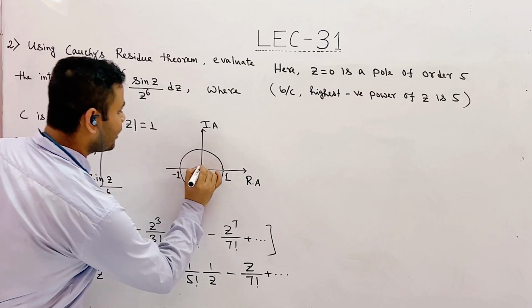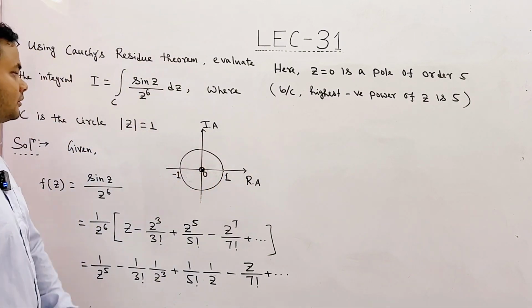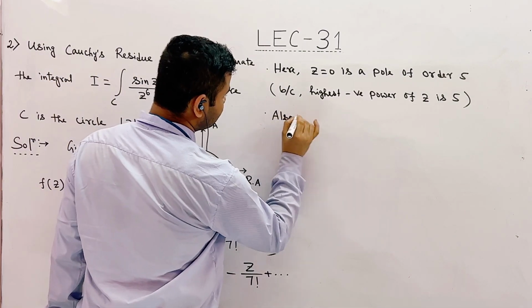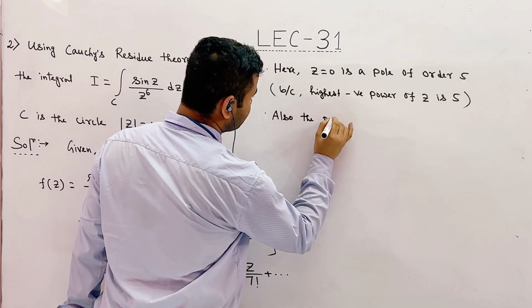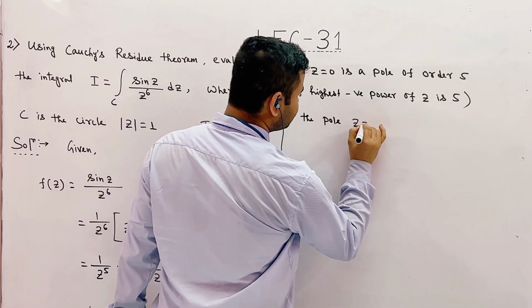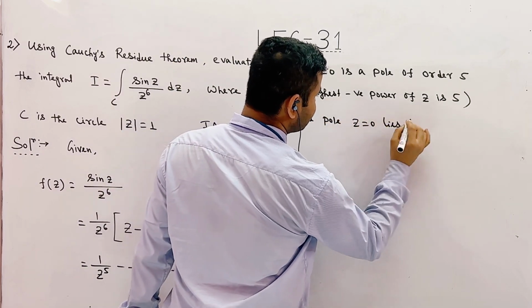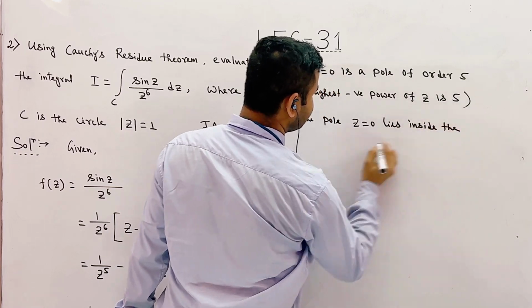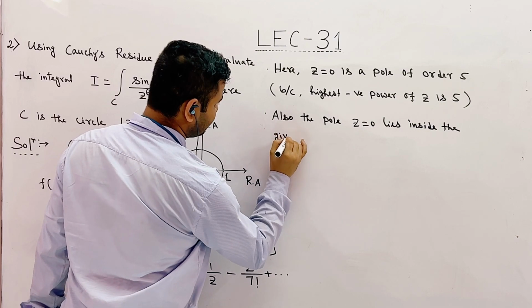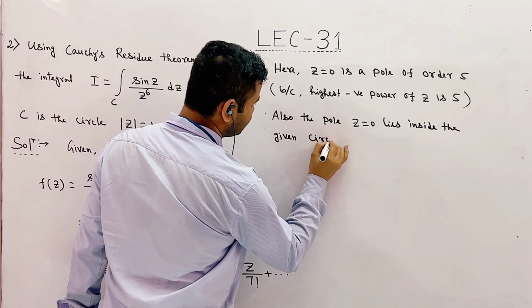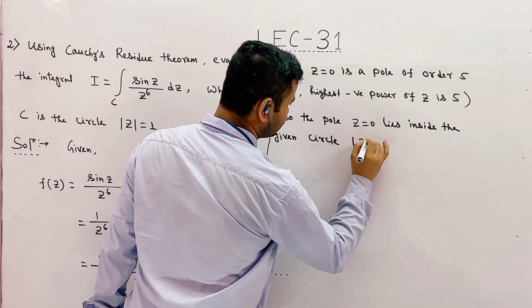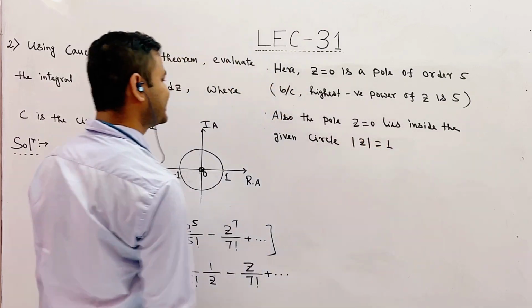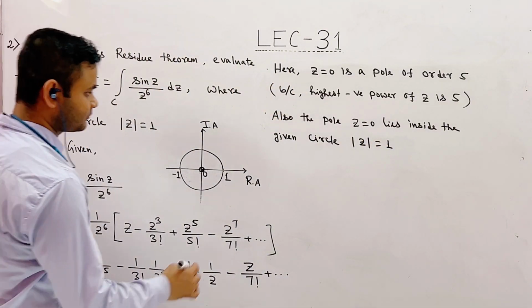So this is the location of the pole. Also the pole z equal to 0 lies inside the given circle whose radius is 1 and center at z equal to 0.